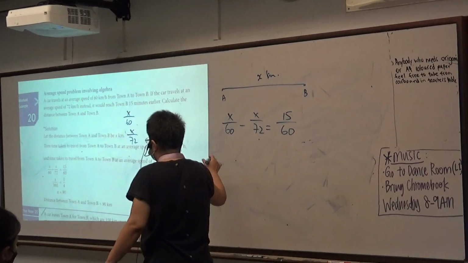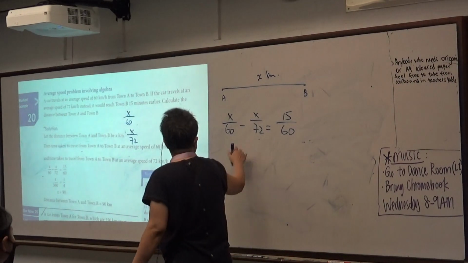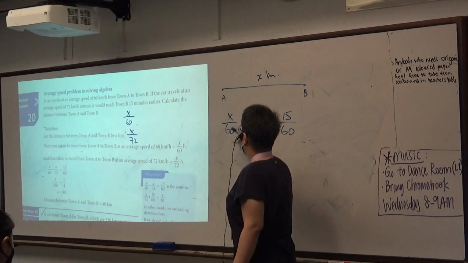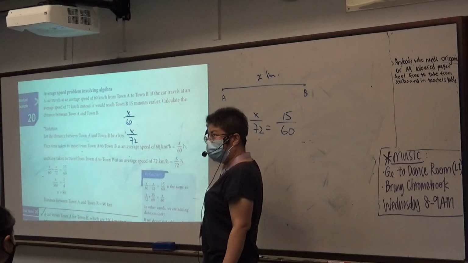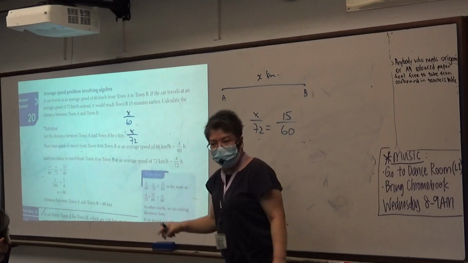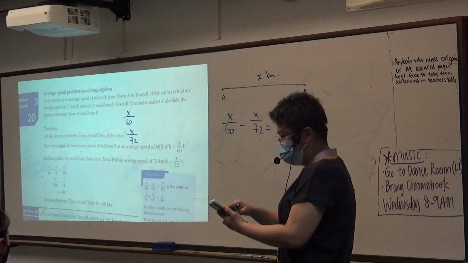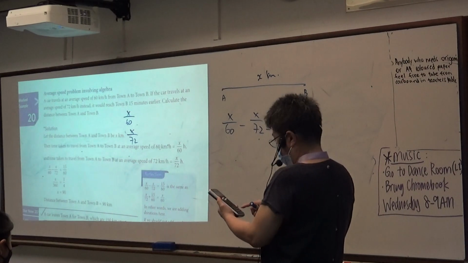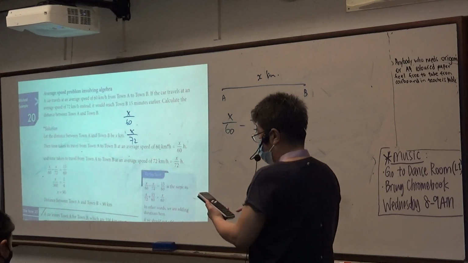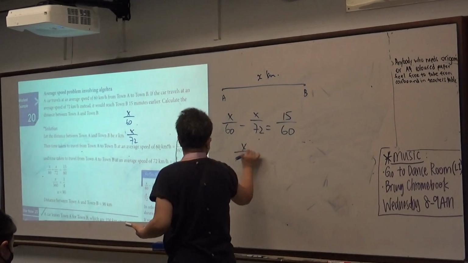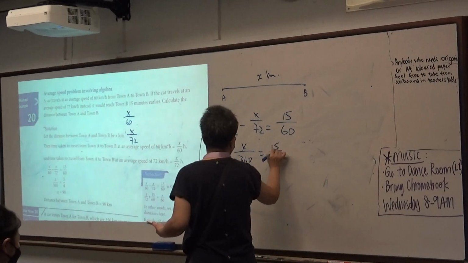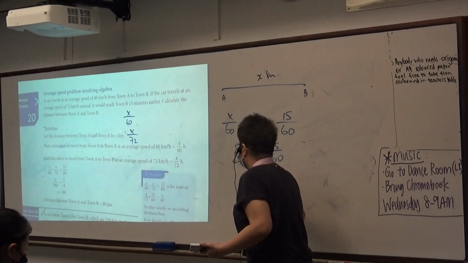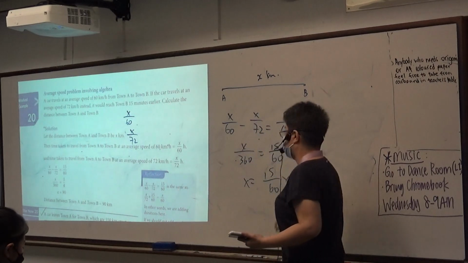Because it's 15 minutes. I want it in what? Hours. Okay? So, if you key in your calculator 1 over 60 minus 1 over 72, remember I said the top is 1, it belongs to the top. This will be x over 360 equals 15 over 60. x will be 15 over 60 times 360, am I right?